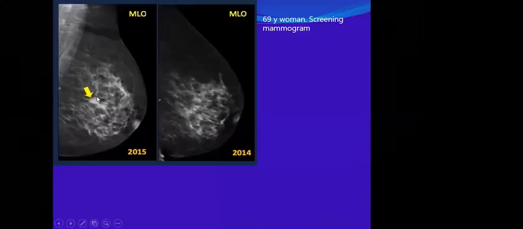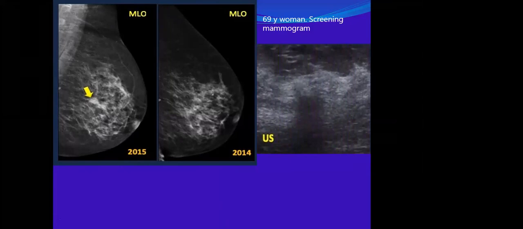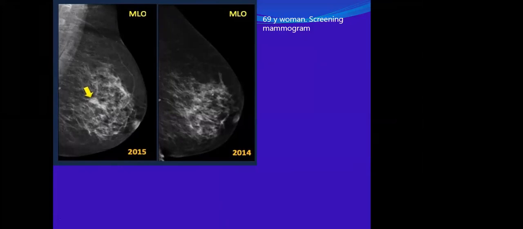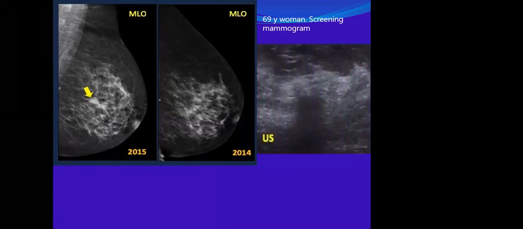And in this case, this is 2015, this is 14, and this is 15. So in screening mammography, we are dealing with developing asymmetry. Look for the ultrasound. It shows an irregular mass with angular margin and posterior shadowing.